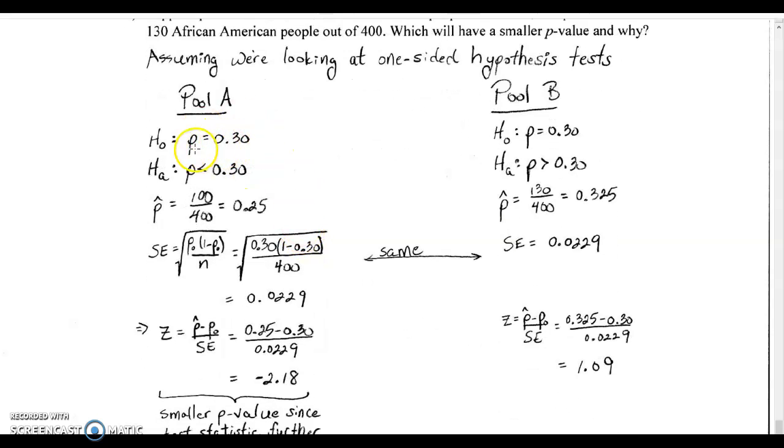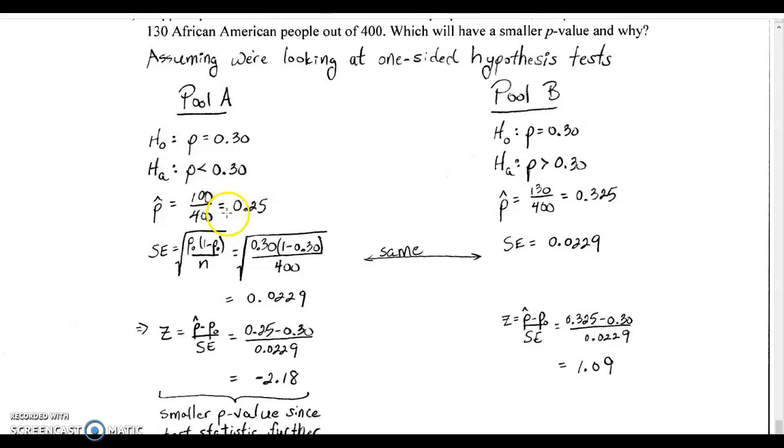So pool A. Remember, the null is that p equals 0.30. 30% of our jury pool should be African Americans. Now, we got a test where we got 100 out of 400, not 130. Is that enough information to say that the alternative is that p is less than 0.30? The true population proportion of African Americans is less than 0.30. So we go through p hat.